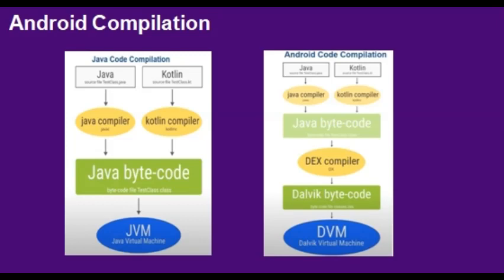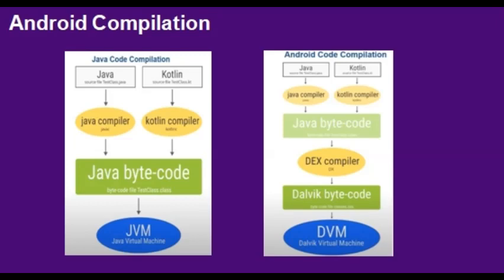So in Android, the Java code is compiled to Java bytecode first by the compiler, and then it is converted to Dex file, or you can say Dex bytecode, by the Dex compiler, and then it is run on a DVM, Dalvik virtual machine. DVM only understands Dex files or Dex bytecode.